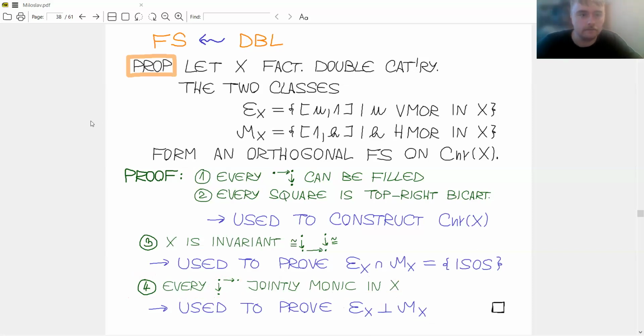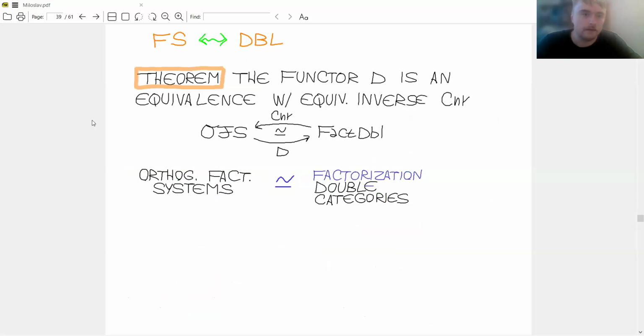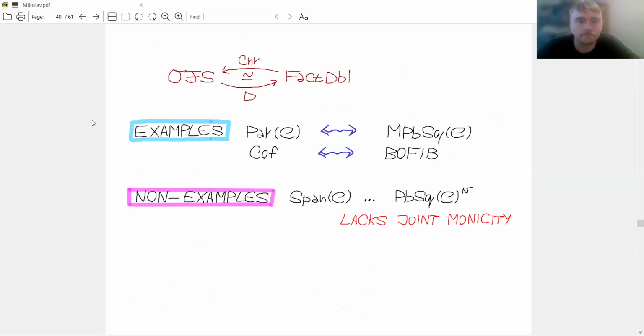So the theorem is that this functor D is an equivalence, and this category of corners is its equivalence inverse. So orthogonal factorization systems correspond to factorization double categories. And there are some examples. Ideally, you would like to have some well-known system here and some well-known double category here.